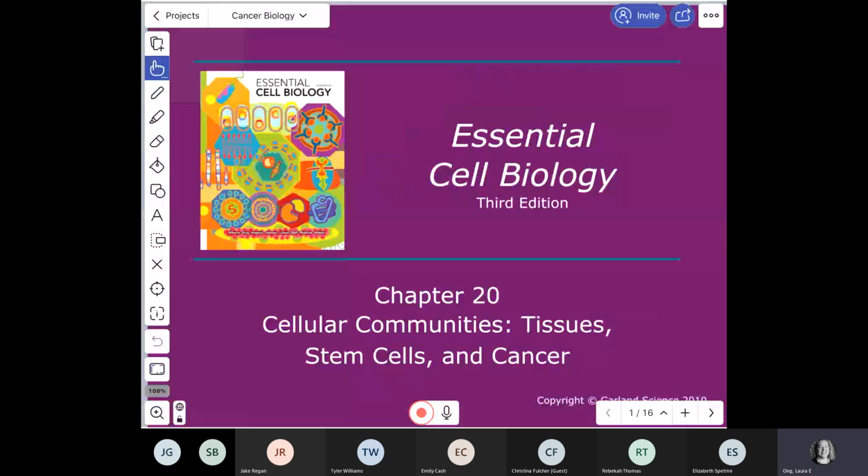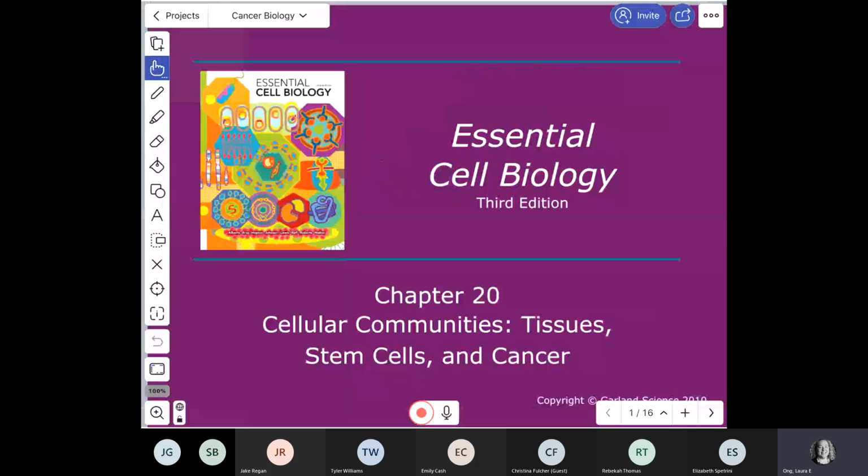This section, again, we could have a whole class about cancer. I think that would actually be one of my and Dr. Vaughn's dream upper level classes someday. But in cell biology, we get this one lecture to talk about cancer.